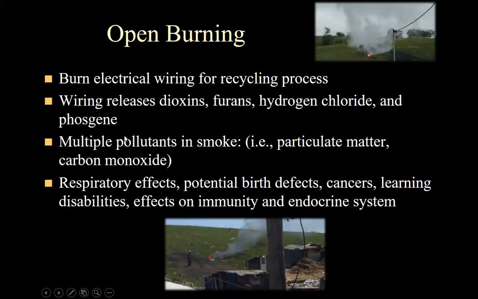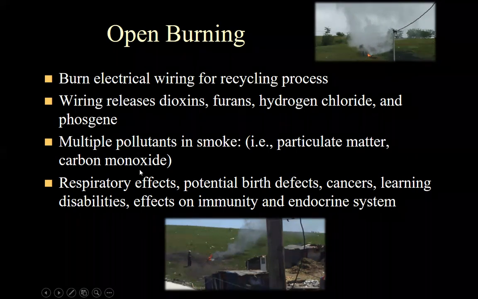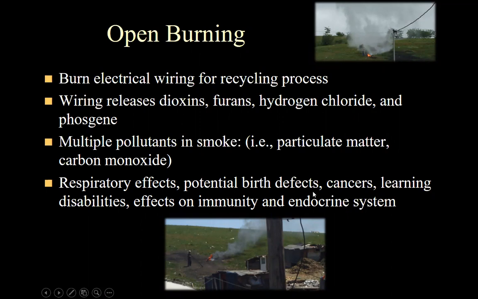But when they do that, the wiring releases multiple chemicals here: dioxins, furans, hydrogen chloride, and phosgene. We know there are multiple pollutants in smoke, including particulate matter and carbon monoxide. And so you put these together, and there's strong evidence already in the literature that shows there are respiratory effects, even potential birth defects, cancers, learning disabilities, and effects on immunity and the endocrine system.